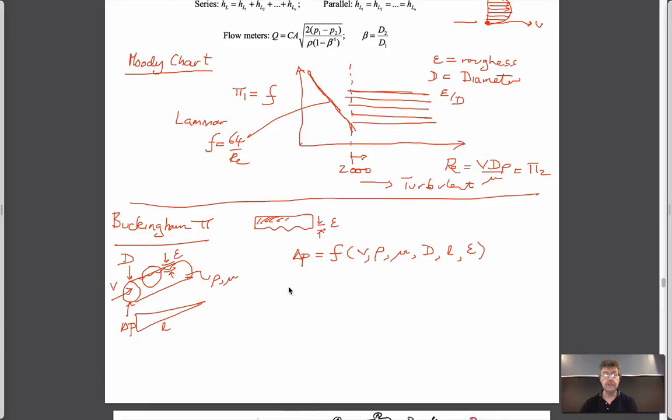And we have now a roughness. And so, do we call them K and R? K terms are the number of terms we have. So we have 1, 2, 3, 4, 5, 6, 7. The R terms are mass, length, and time. Which ones of those do we have represented?